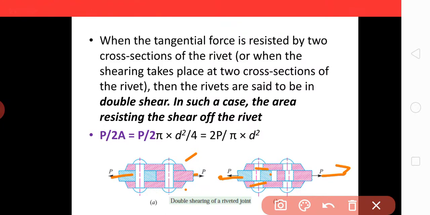So the shear stress developed is P upon 2A, that is one area this, the other one is this. Then P upon 2 into pi over 4 d square, which comes out to 2P upon pi d square. So here the stress will be just half compared to single shear.